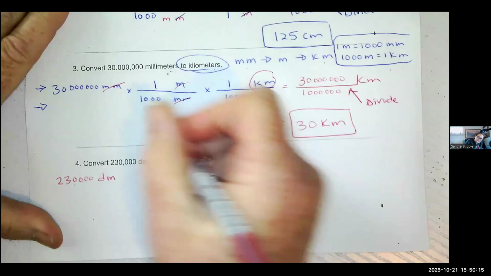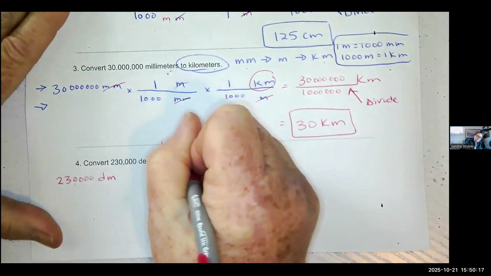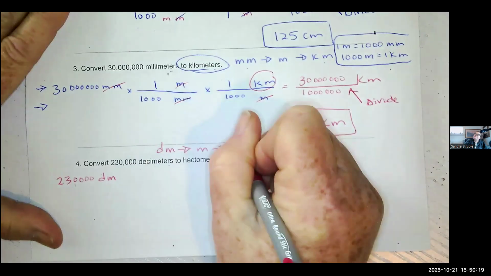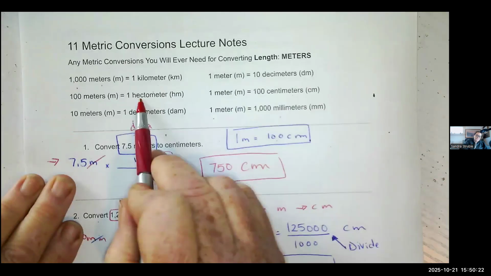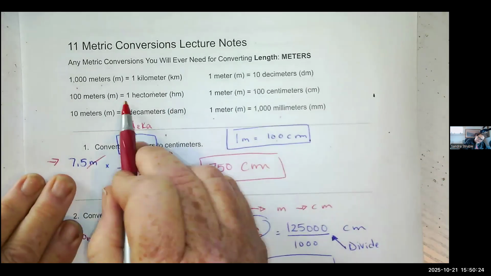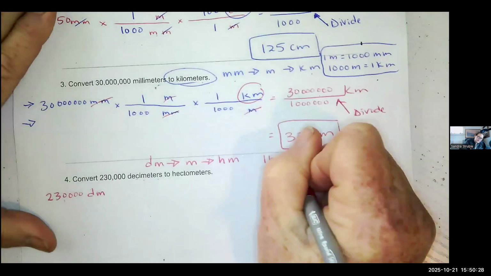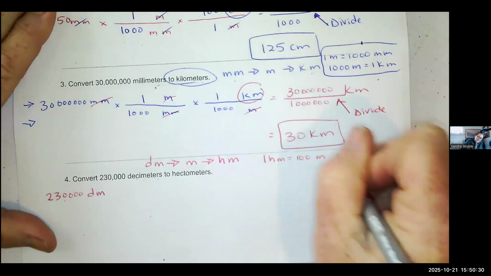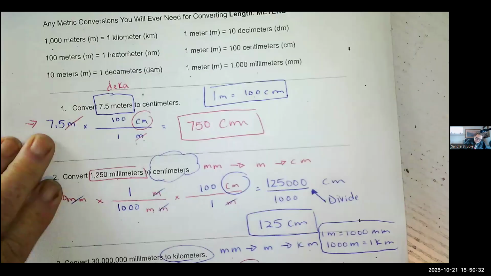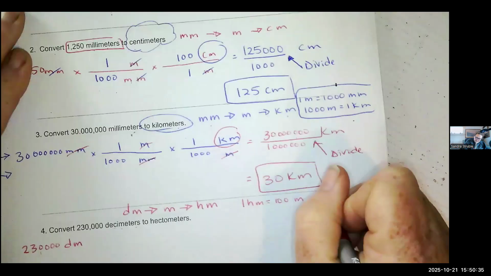We're going to go from decimeters to meters to hectometers. And hectometers are hm. 1 hectometer is 100 meters. And the other conversion is decimeters. There's 10 to 1 meter. Got my two conversions.